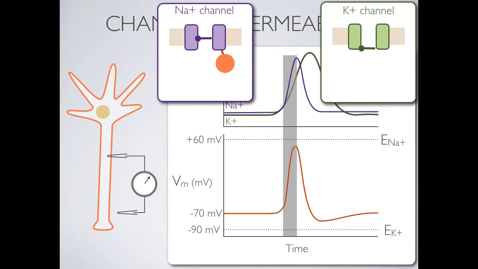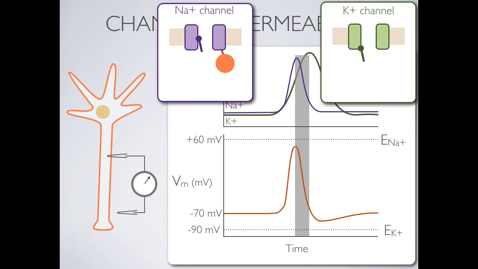The activation gates open more slowly for the potassium. That's why we have a relatively slow rise compared to sodium. All right, so sodium activation gates open quickly. The potassium activation gates are relatively slow. It's still really fast, but slower than sodium.